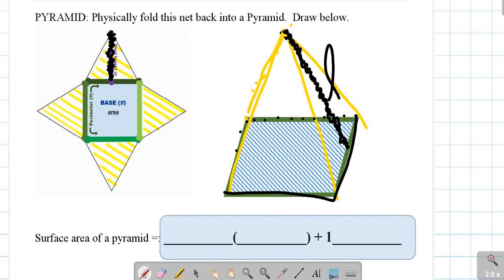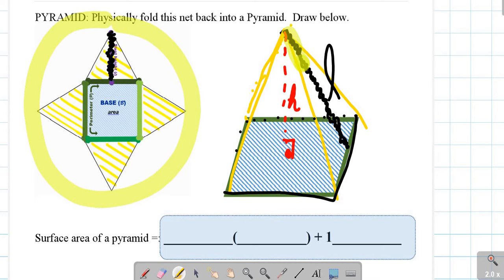What's called the true height or the altitude goes straight down the middle and hits the base at a right angle. That's the true height. When you're dealing with volume, you use the true height. When you're dealing with area, you use the slant height. Volume's inside, slant height's outside.